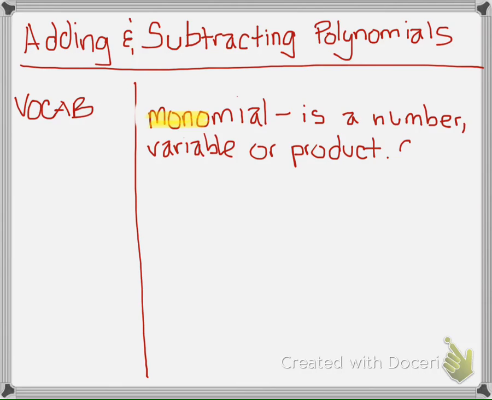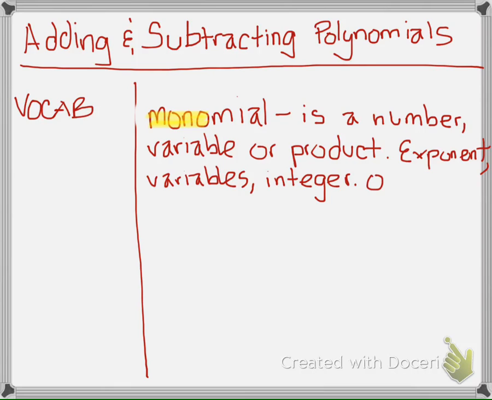It can have an exponent, it could have variables, and it could be an integer. In a nutshell, a monomial is one term.